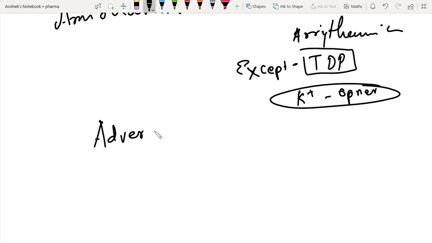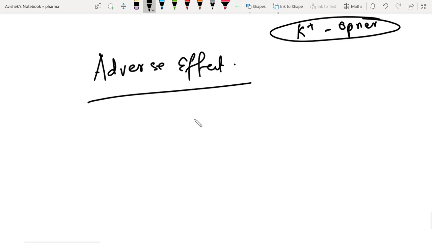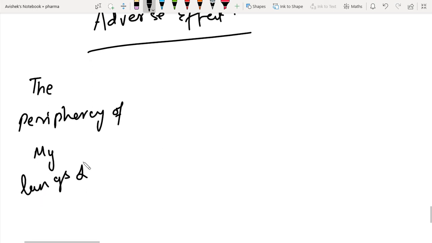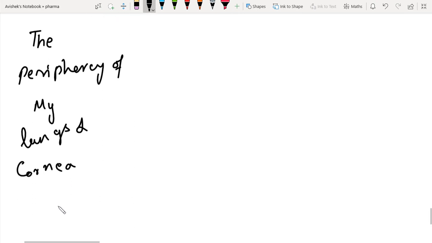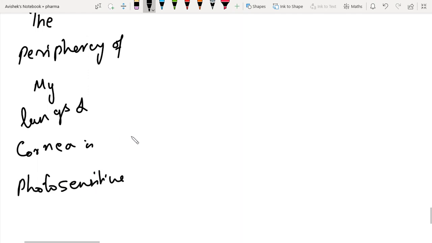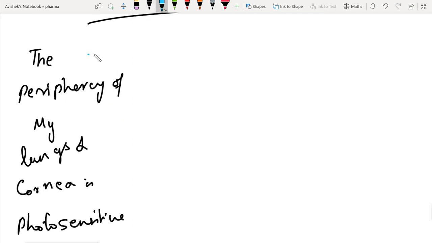Now the adverse effects. I will remember the adverse effects: the periphery of my lungs and cornea is photosensitive. They can cause hyper or hypothyroidism.